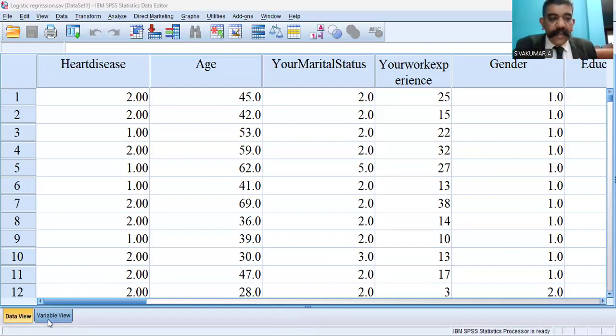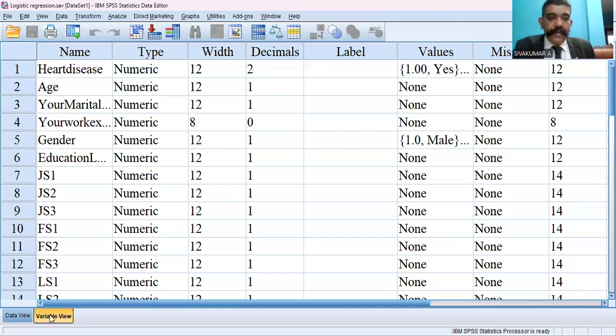Yes, first variable view. Here you can see so many variables, but we may take only the applicable variables. Please type heart disease, answer yes or no. Then age, work experience, gender, education level.